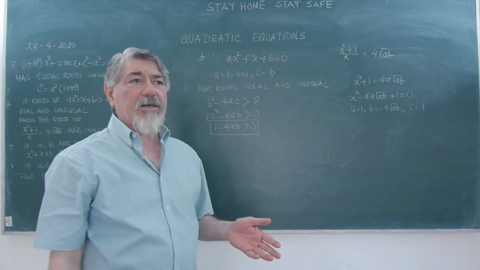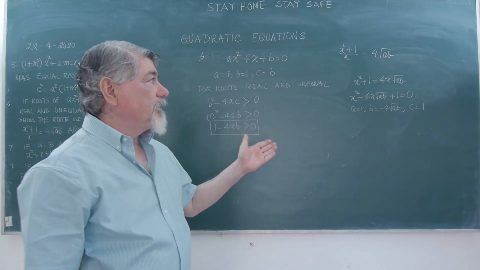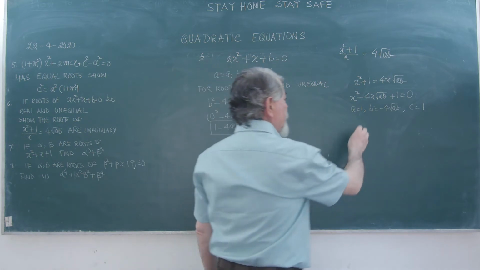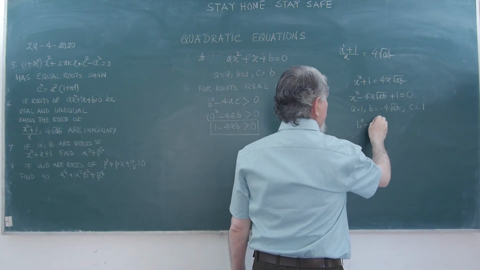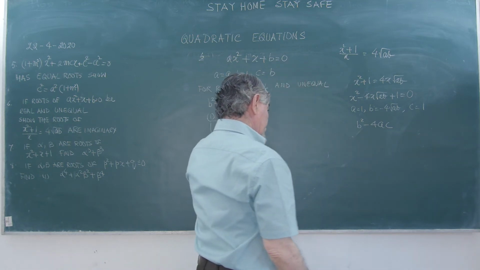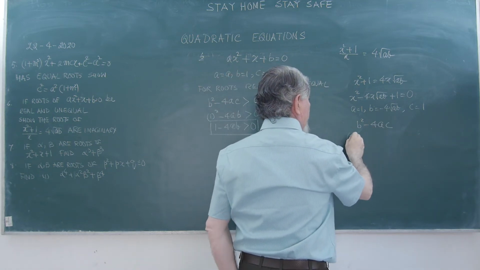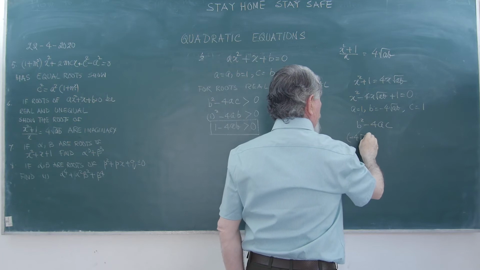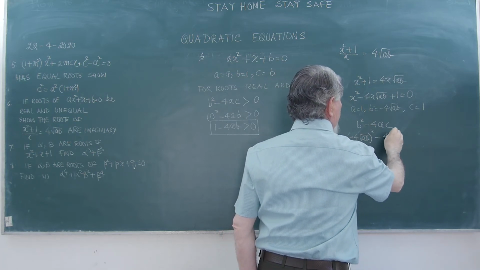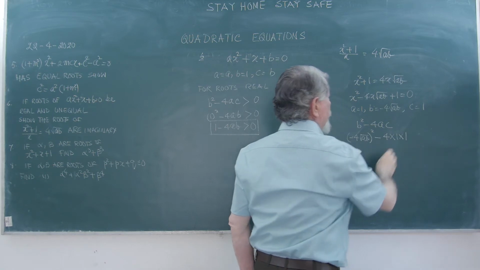So let us calculate the condition for it to be imaginary. Let's calculate b square minus 4ac. What does b square minus 4ac come out to be? The value of b is minus 4 under root ab, whole square, minus 4 where a is 1 and c is 1.